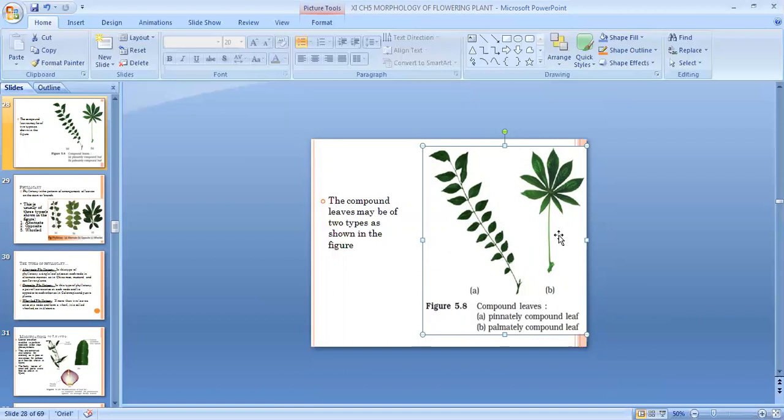Whereas in a palmately compound leaf, the leaflets are attached to a point. You can see all the leaflets originating from one common point, and that also at the tip of the petiole.